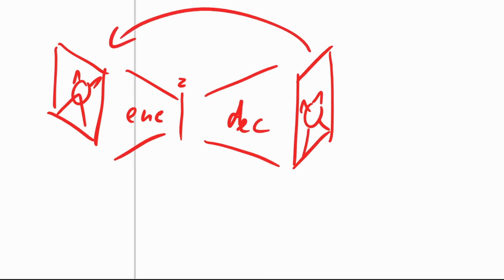So I train these two neural networks, the encoder and the decoder, to just basically compress to this representation and then reproduce again the original image. And thereby I can learn a good hidden representation.